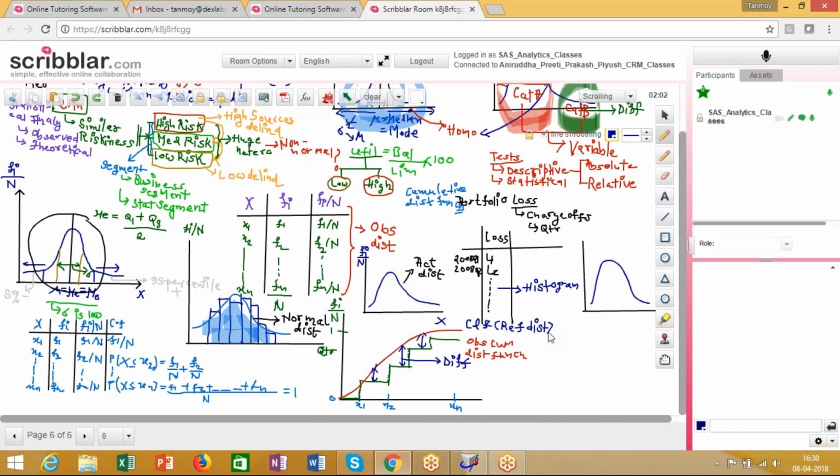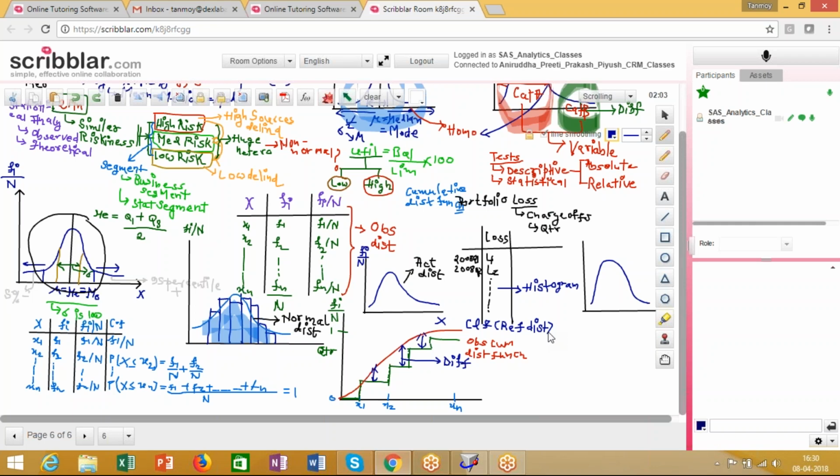And this kind of test, which we use to check whether a particular distribution follows a given reference distribution, is known as a non-parametric test. Because in this test, if you observe, we are focusing on the observed distribution, and we are trying to understand whether that observed distribution follows a reference distribution or not.